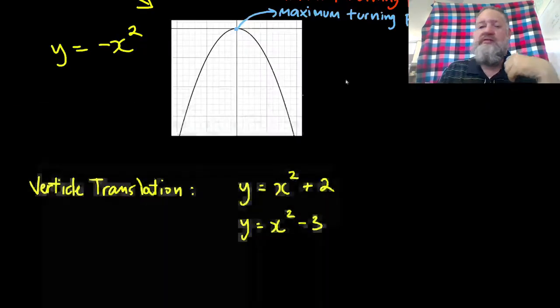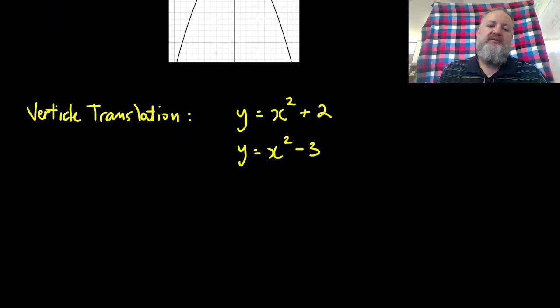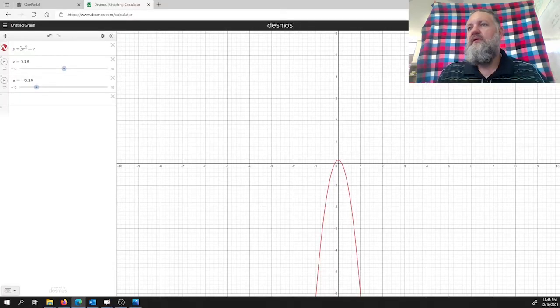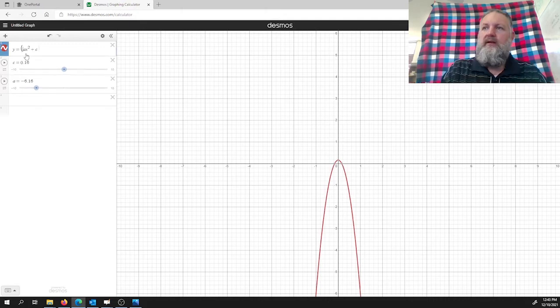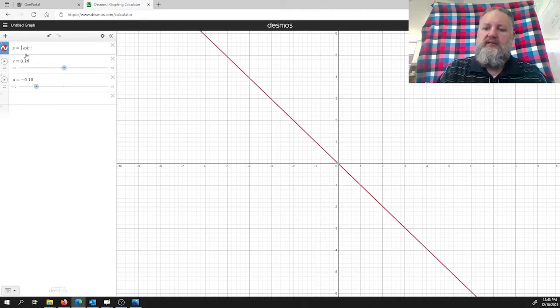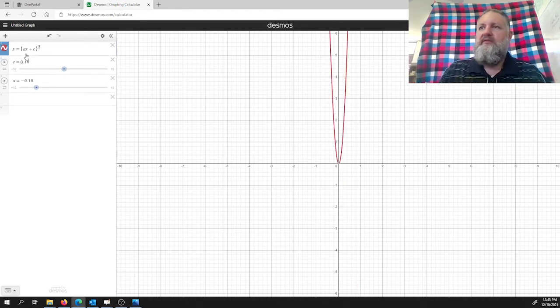We can also do other translation. That's the up and down translation, but we can also do the horizontal translation, side to side. So if we put our plus c or minus c in brackets and have that then squared, there's the c, and then we put it to the power of 2.